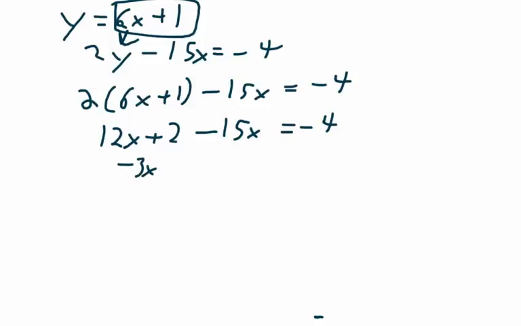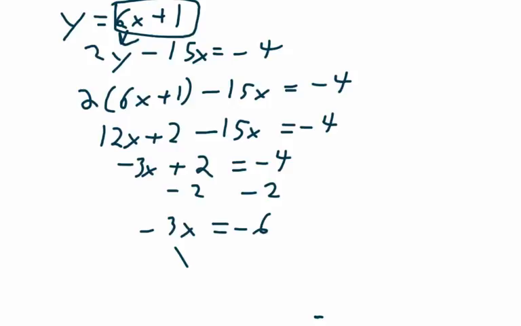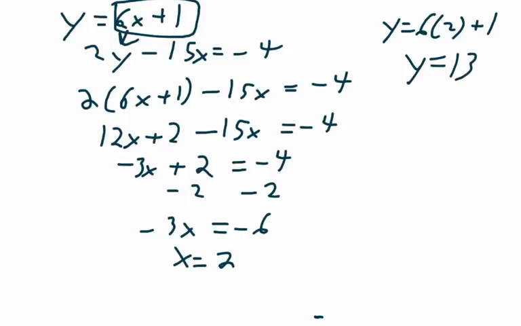Combining like terms, 12x and -15x is -3x. And now to get rid of the plus 2, we subtract 2. So -3x equals -6, or x equals 2. Y turns out to equal 6 times 2 plus 1, or 13.